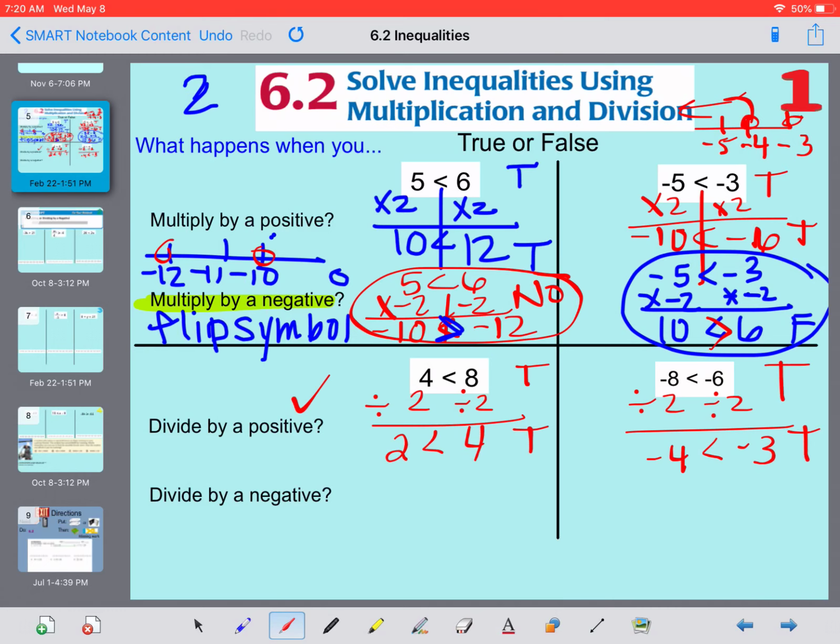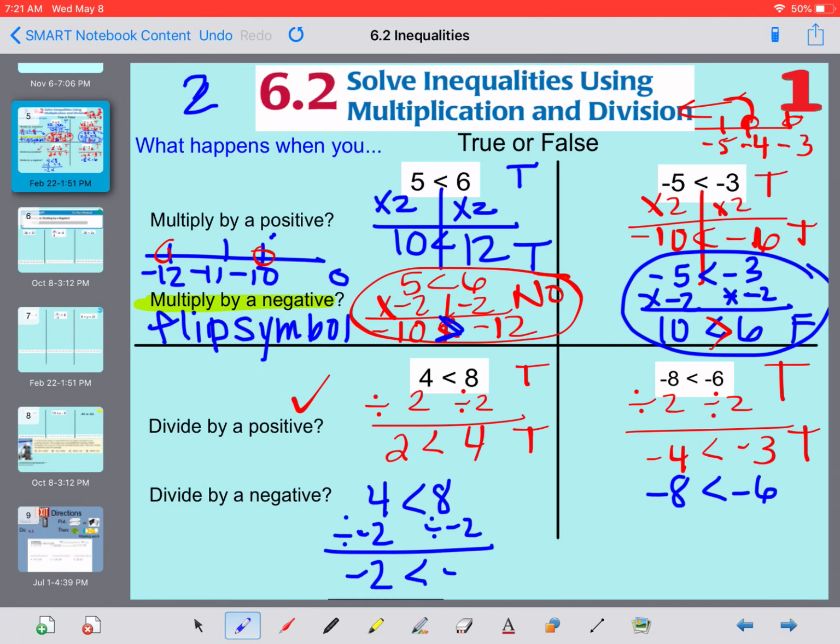So that's still true. But if we divide by a negative, I'm just going to copy these down. If we divide by a negative, like divide by negative 2, we'd get negative 2 is less than negative 4, which if you think of our number line, negative 2 is not less than negative 4, it's greater, it's closer to the positives.